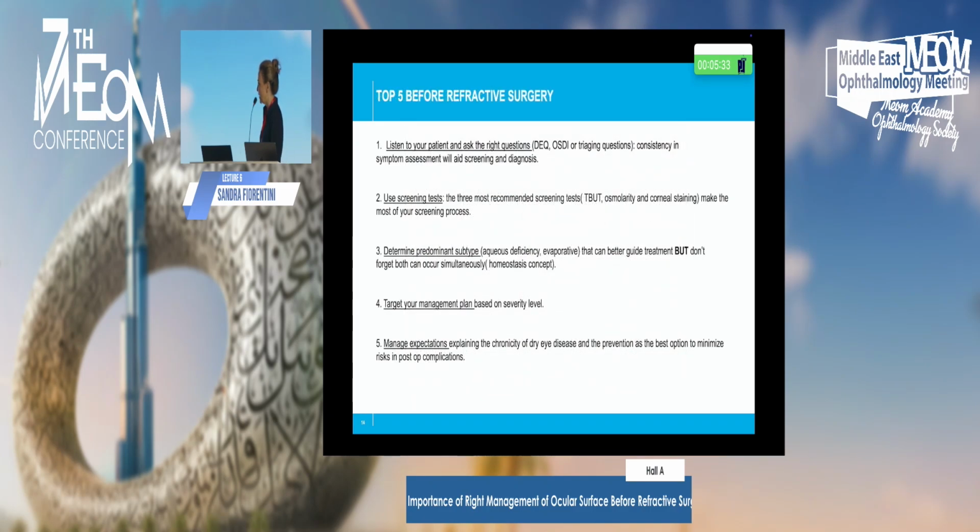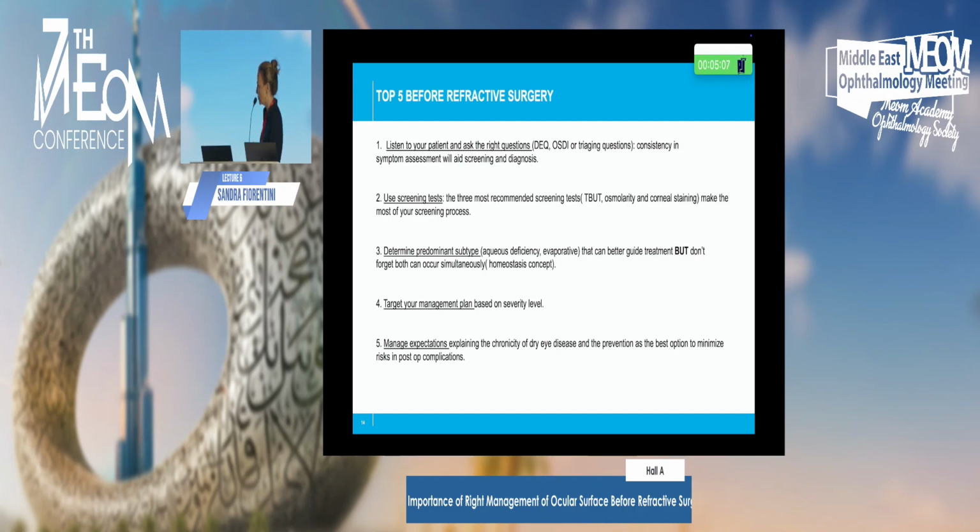So the top 5 before refractive surgery: listen to your patient and ask the right questions. The questionnaires help a lot. The triage is very important to rule out general health conditions. We have to use screening tests, and it's very important to have more than one. And then after determining the subtype of dry eyes, we treat accordingly.